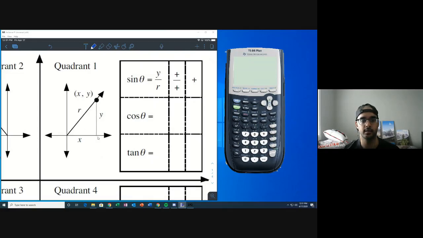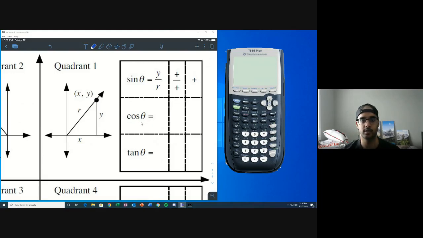I've got an x dimension, a y dimension as well. So for sine of theta, that formula was the y coordinate of that point divided by the length of that terminal arm, so R. Both of those are positive, which means in quadrant 1, my sine ratio is also going to be positive, since we're going to divide a positive number by another positive number.